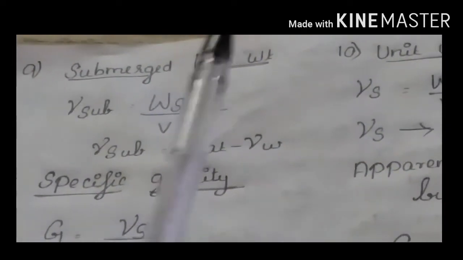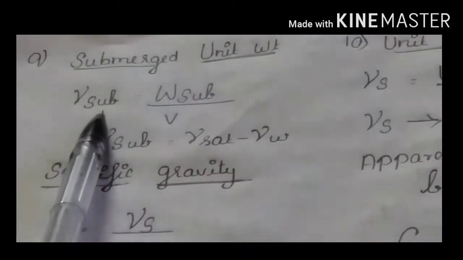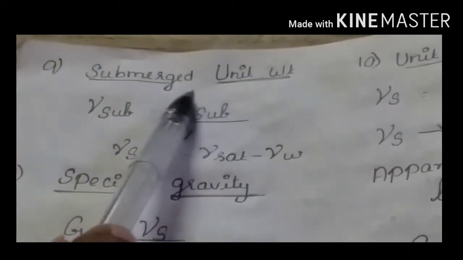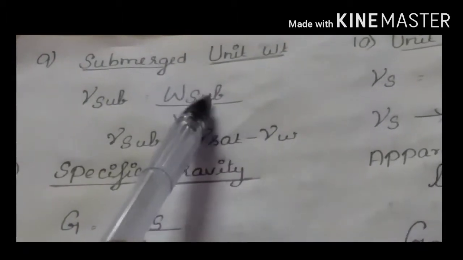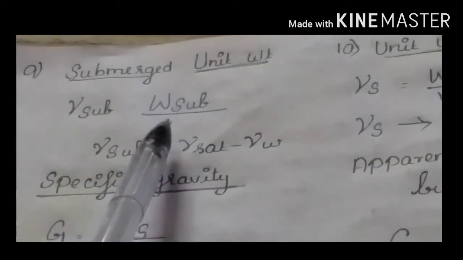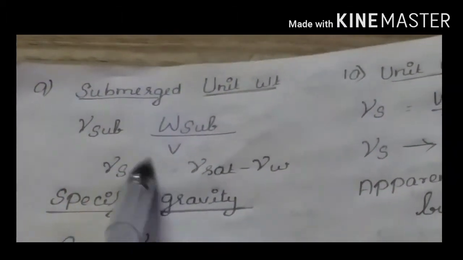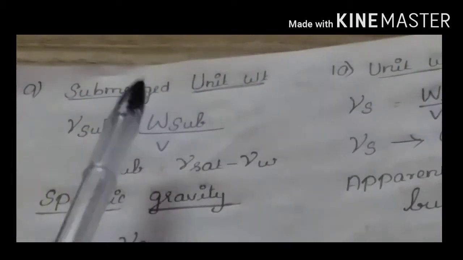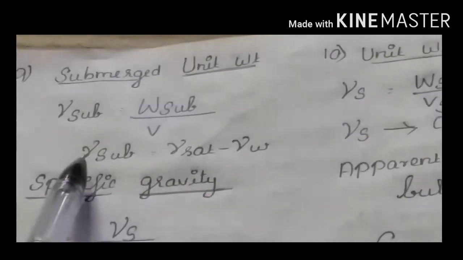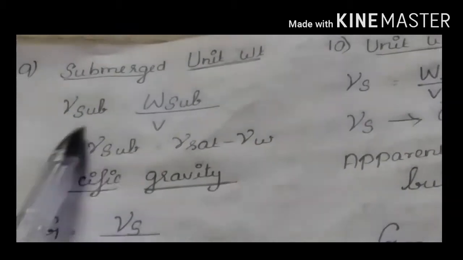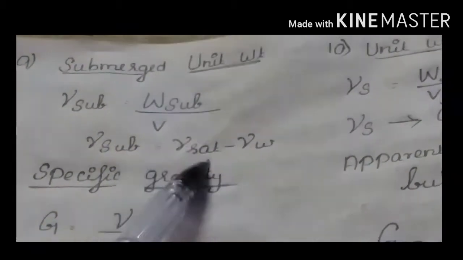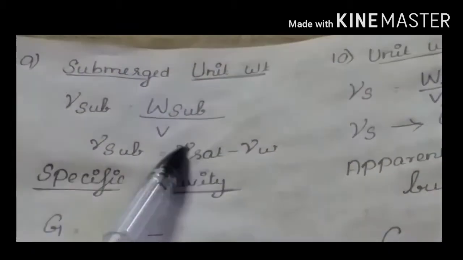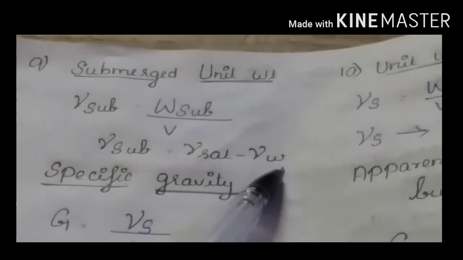Submerged unit weight: same as saturated unit weight, instead of saturated weight of the soil, we have to write submerged weight of the soil to the total volume. A relation between submerged unit weight and saturated unit weight is gamma submerged, that is unit weight of the submerged soil, is equal to unit weight of the saturated soil minus unit weight of the water.